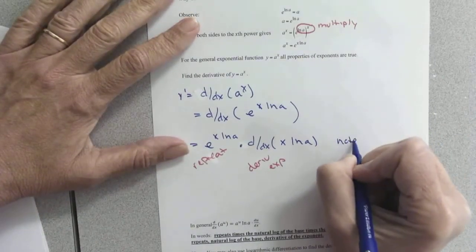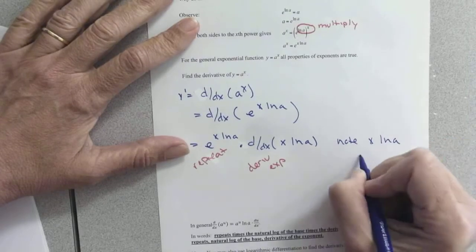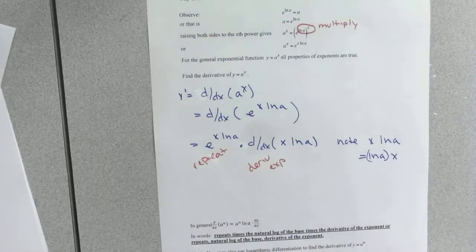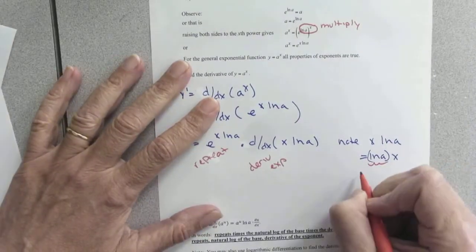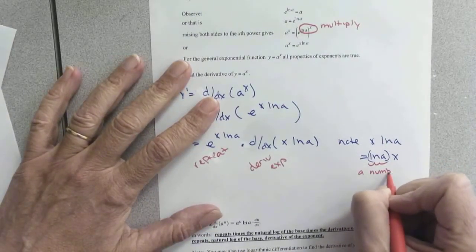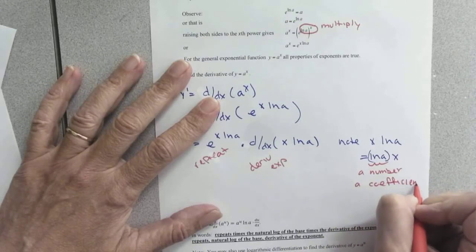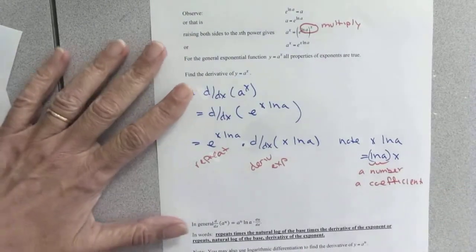Now remember here, let's note that x log a is the same thing as log a times x, and this is just a number, a coefficient. X is the variable.